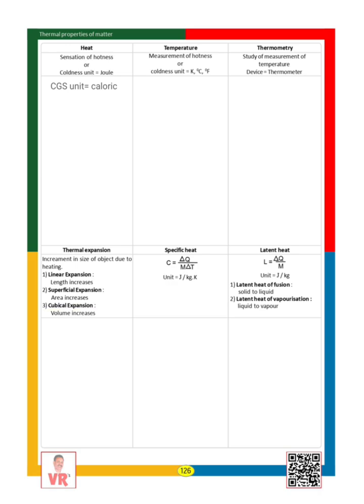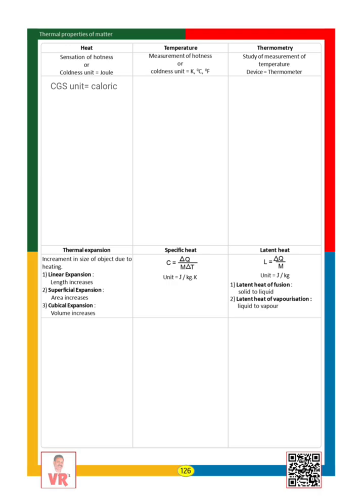Next one. Specific heat C equals delta Q by M into delta T. What is delta Q here? Heat required. Delta T, rise in temperature.